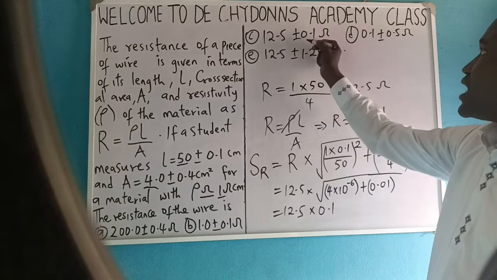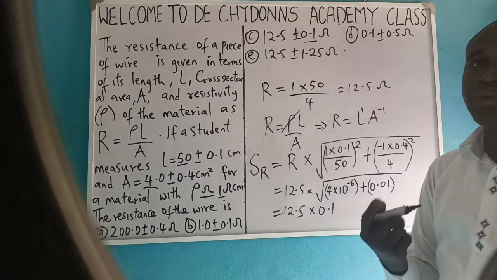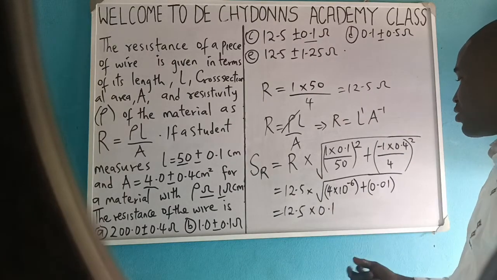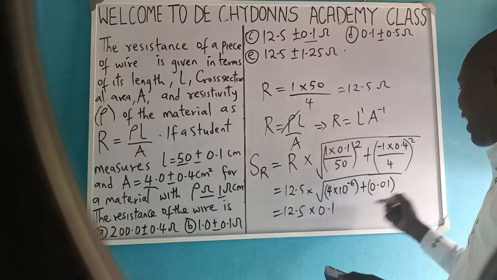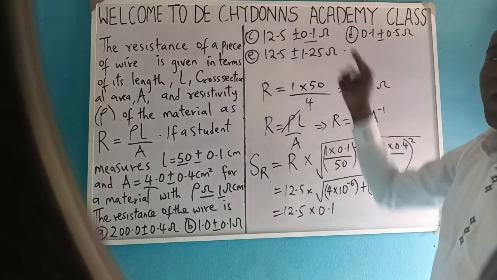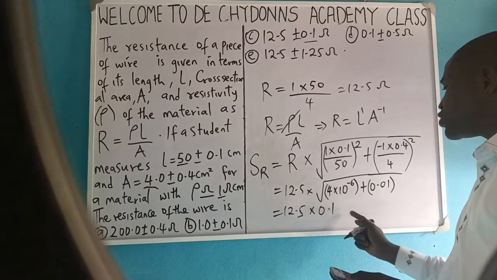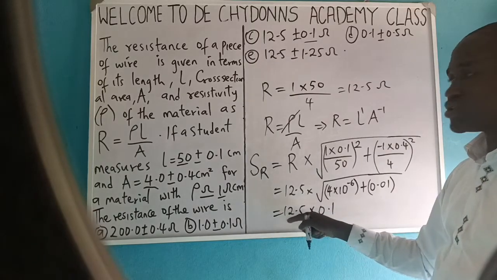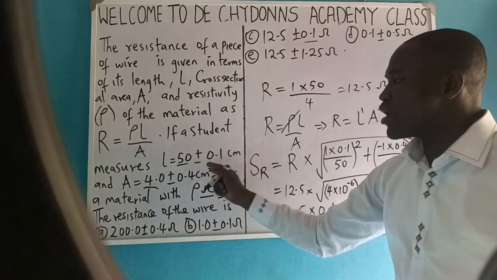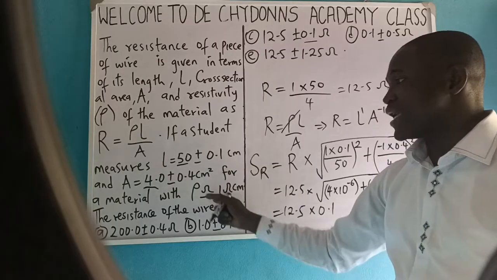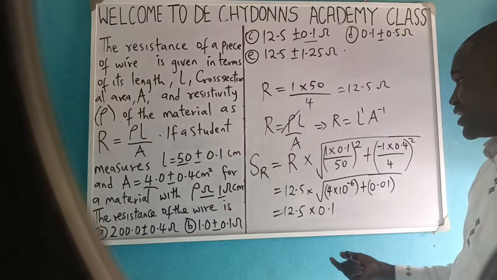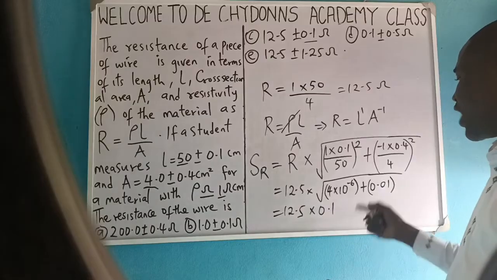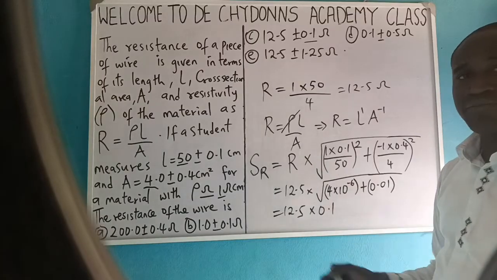You can see that here I have 0.1, and this is the mistake people have been making before now. They will just do only this one and pick the 0.1. No, you have to use it to multiply this, because they gave you the maximum error or the reading accuracy you can get while getting it. Are you getting it? They have specified it. So you have to multiply with the resistance itself.